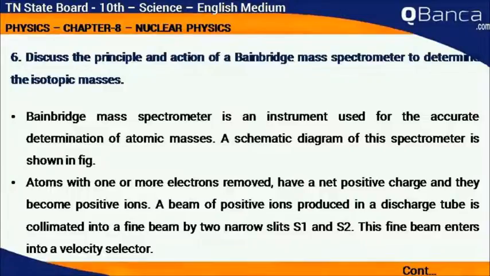A beam of positive ions produced in a discharge tube is collimated into a fine beam by two narrow slits S1 and S2. This fine beam enters into a velocity selector.